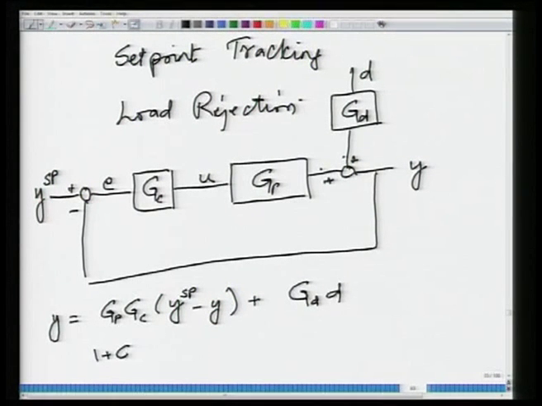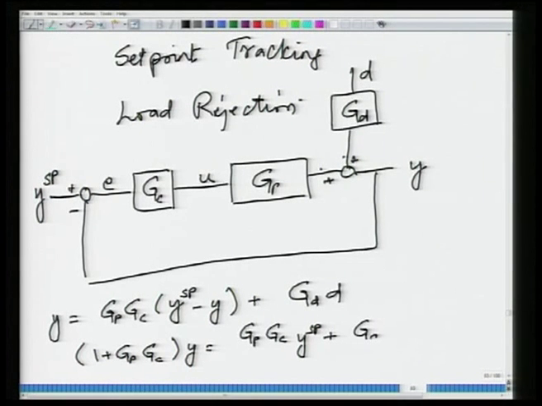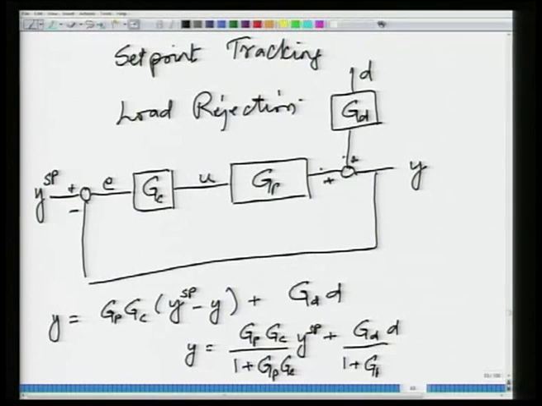Now, if I take the Y terms on the left hand side, what I get is 1 plus GPGC times Y is equal to GPGC times Y set point plus GD times D, and then if I divide by what is here, this is what I get, all right.